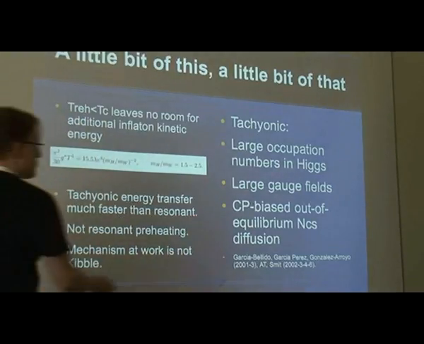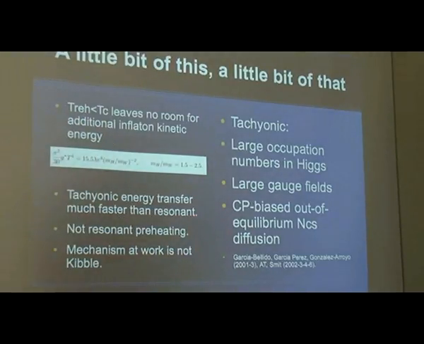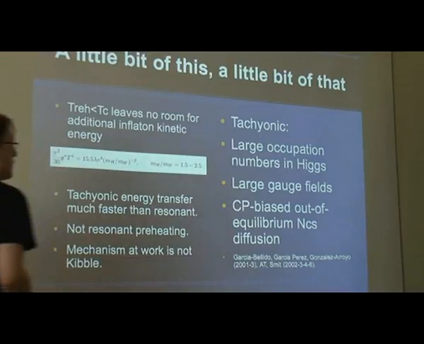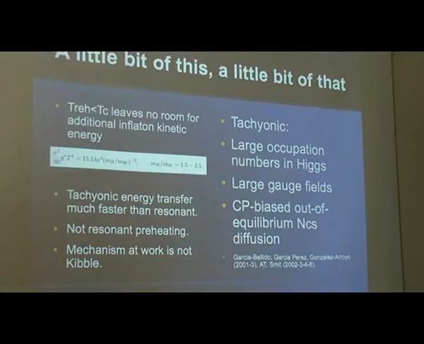And this was something we've been working on for quite a while, and these guys have done it too. Now the argument being that, okay, why couldn't you have both? So the reheating temperature has to be less than the critical temperature, T_c.